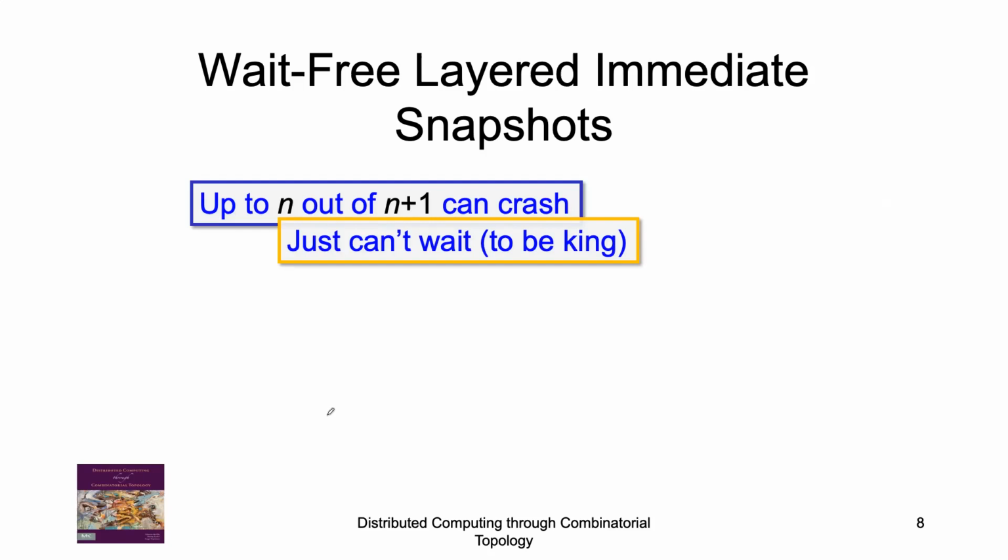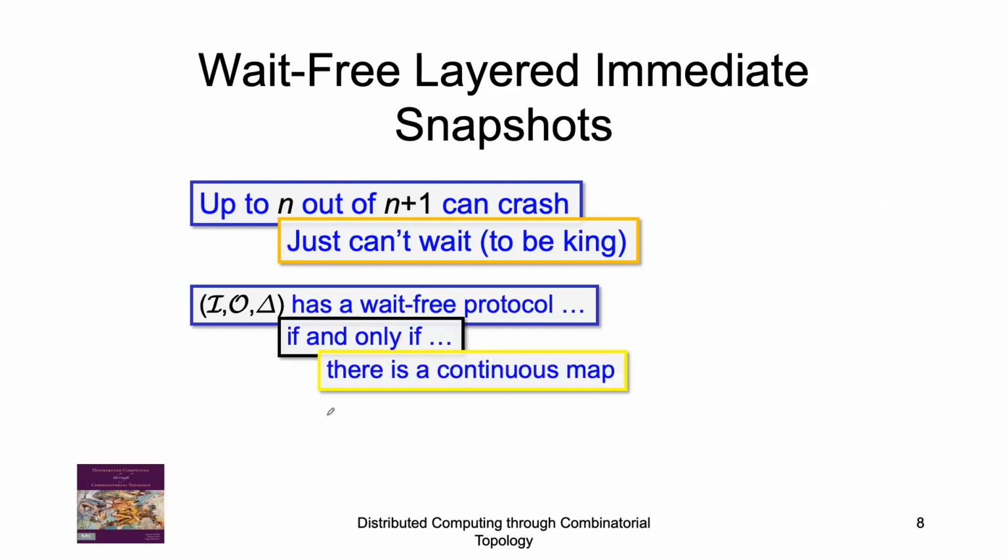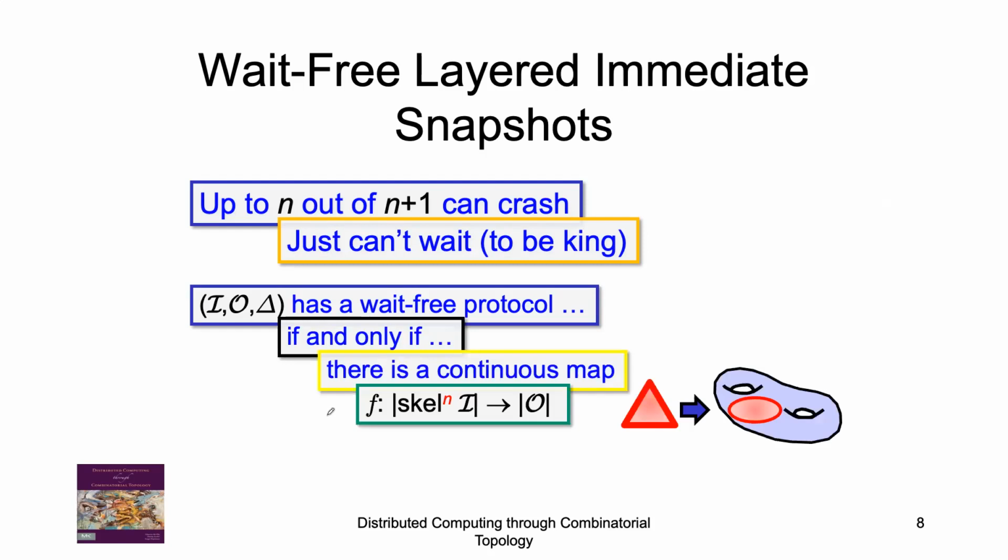Basically, you cannot wait for anybody. If you start waiting, you can be waiting forever because you may be the only one who is operational. So now the task has a wait-free protocol if and only if there is a continuous map from the skeleton of dimension n to O. This is what we already proved, right? It's a colorless task. We talk only about colorless tasks.